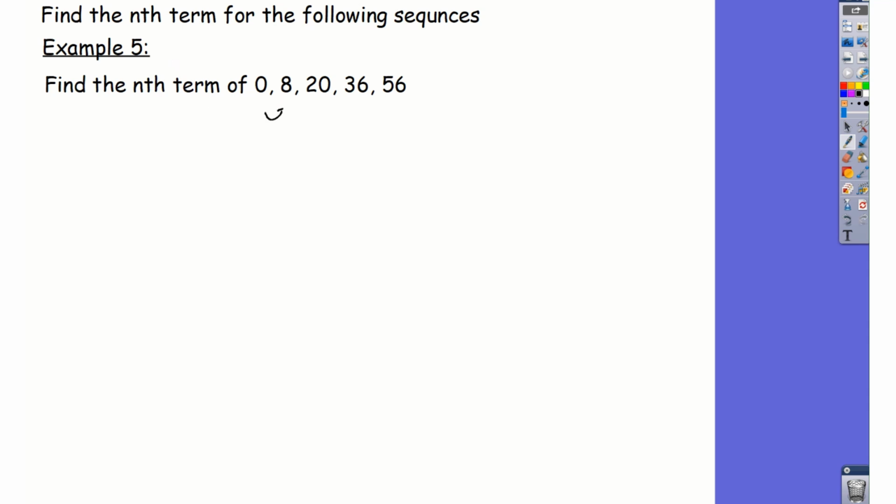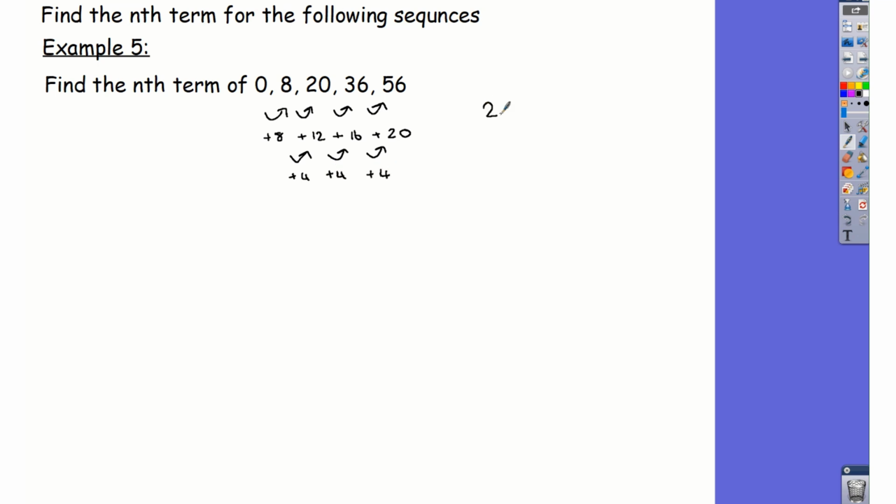Okay, so every time I'm looking at what the difference is between the terms, so I've got add 8, I have got add 12, I have got add 16 and add 20. So we will then go to a second difference. You can see the second difference is add 4.